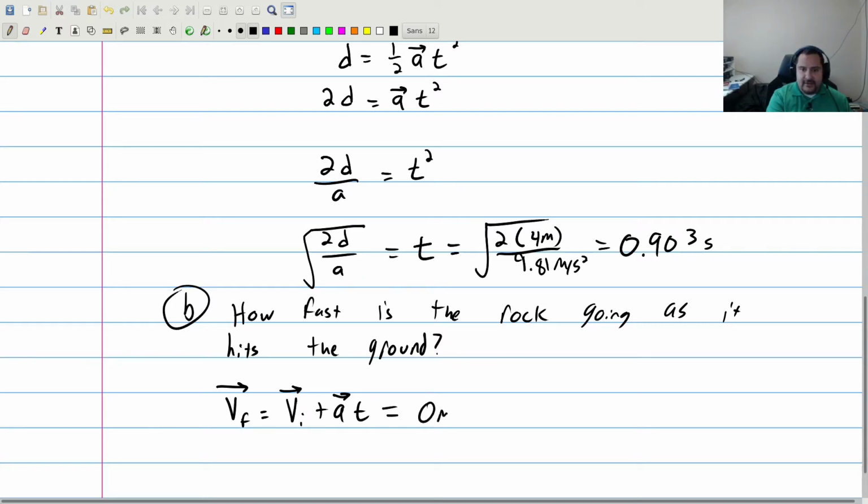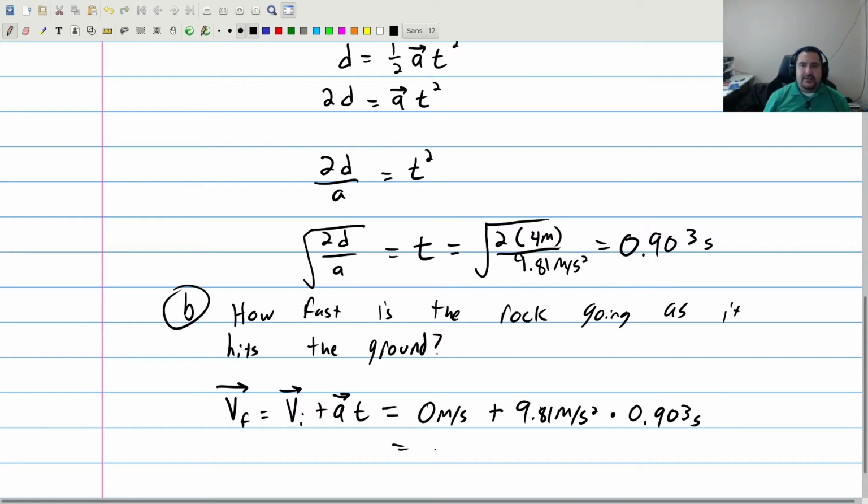V initial is 0 meters per second plus 9.81 meters per second squared times 0.903 seconds.